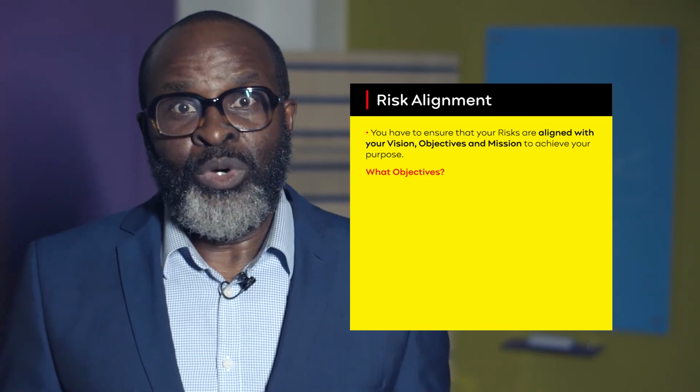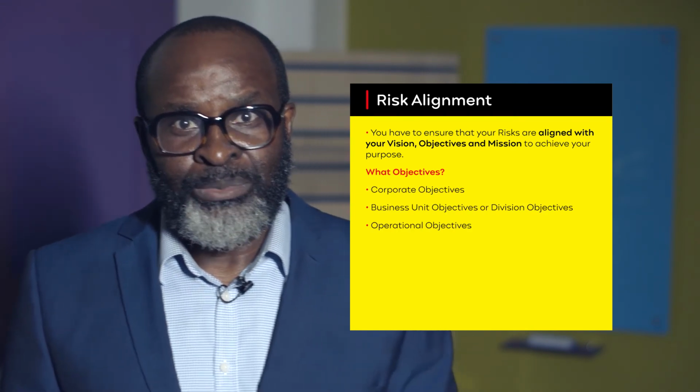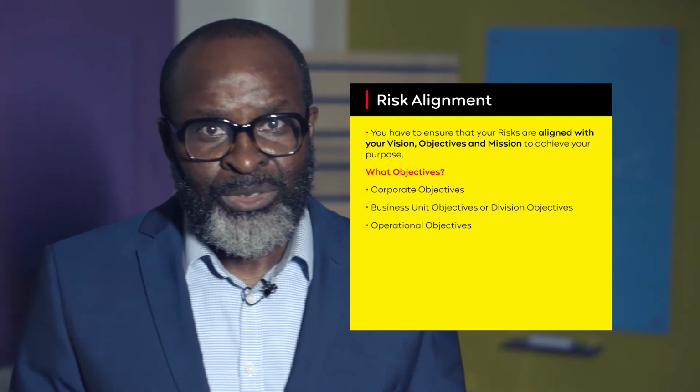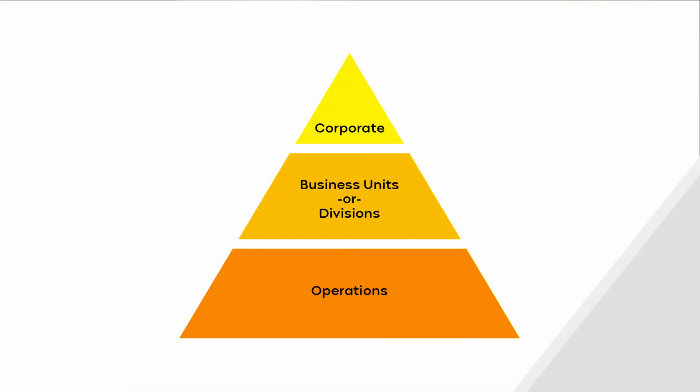So, what objectives? Corporate objectives, business unit objectives, division objectives. If you think about the hierarchy in the diagram you're seeing here, you have your corporate level, you have your business units or divisions, as most people call them, and you have your operational level.